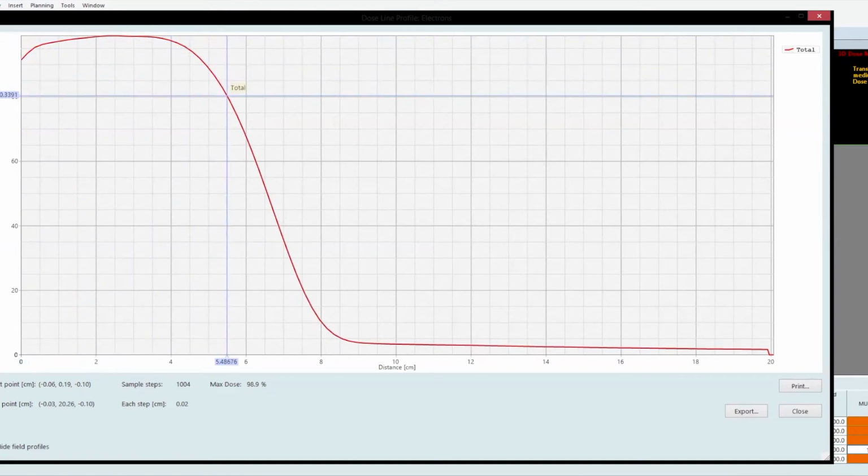D80 is 5.5 centimeters, R50 6.5 centimeters. If I trace the tangent line down and intersect the x-axis, it hits right around 8 centimeters. And my Bremsstrahlung tail is 3%. So again, I've doubled my Bremsstrahlung contamination at 3%.